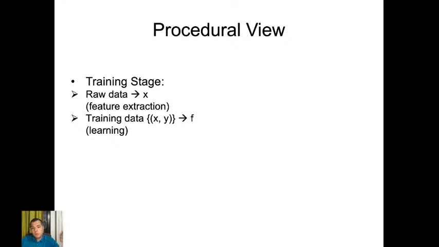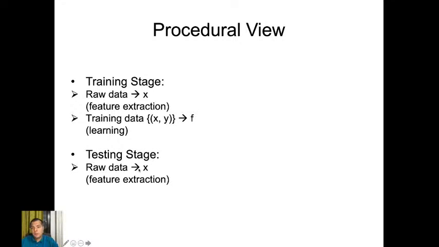Then you want to do the learning, so you get the data set X and the corresponding labels, and you want to obtain this function f through learning. Then in the testing stage, you have the raw data X, and you do feature extraction. This step is identical to the step done in the training stage. The procedure that you apply to do the feature extraction must be identical in the test stage, it cannot be different.